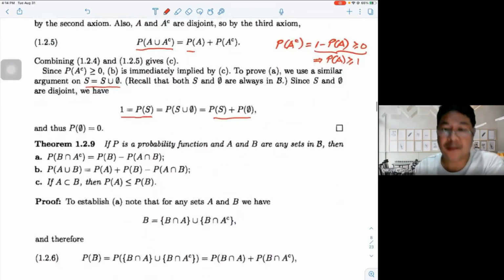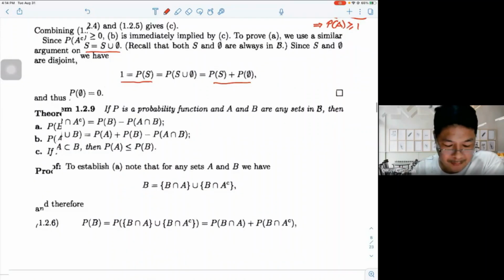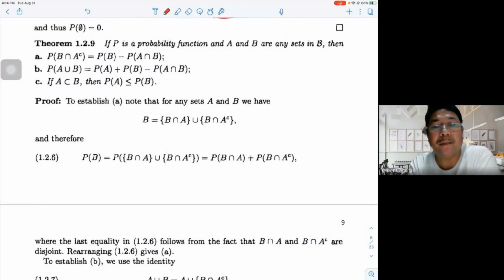Okay, these are the first three properties of our probability function. Let's proceed now to the next theorem.